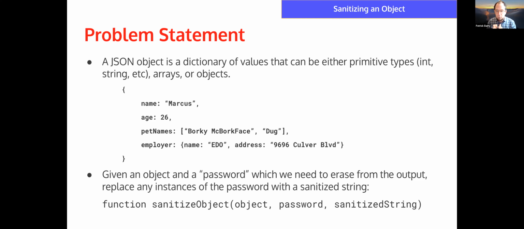And what we want to do for sanitizing it is, say we're looking for a sensitive string, like a password, and we want to remove it from the JSON object that we get. So here's our function definition we are told to implement, sanitize object, getting the object, the password, and the string to replace the password with.